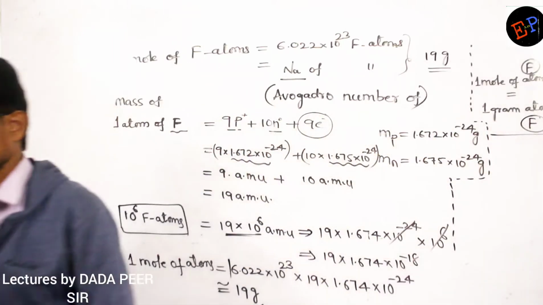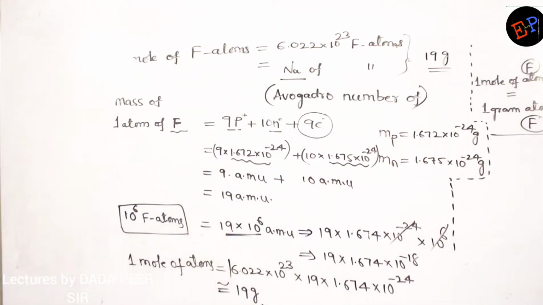Now write. 1 mole of fluorine atoms is equal to 1 gram atom of fluorine. 1 gram atom does not mean just 1 gram of fluorine. Should not be confused. This relation you must remember well.